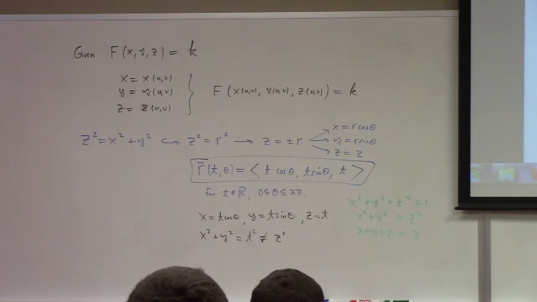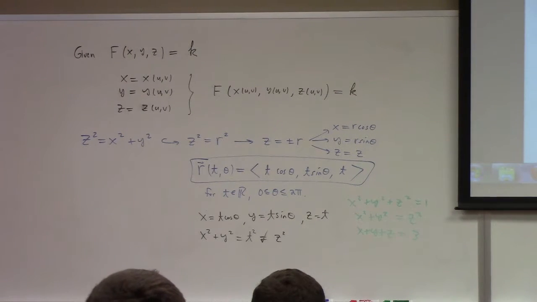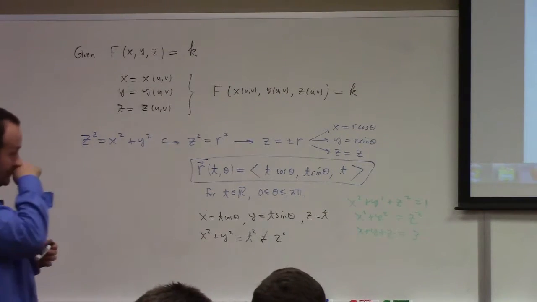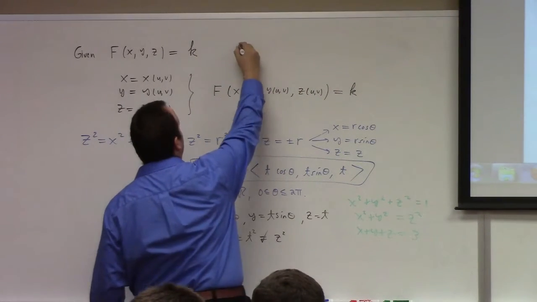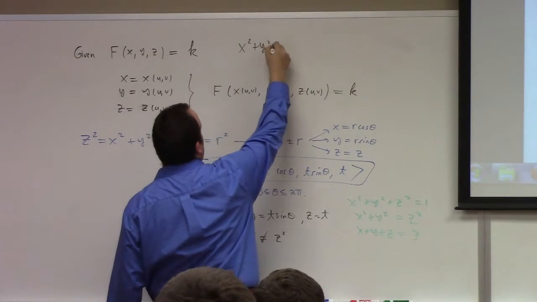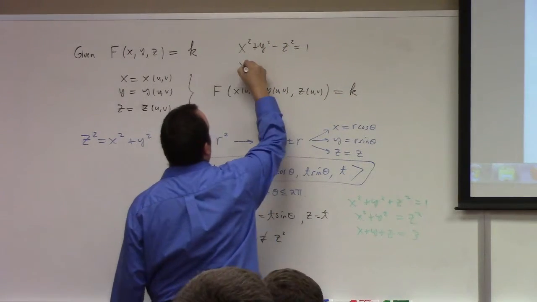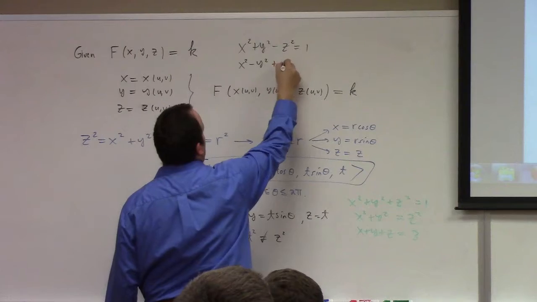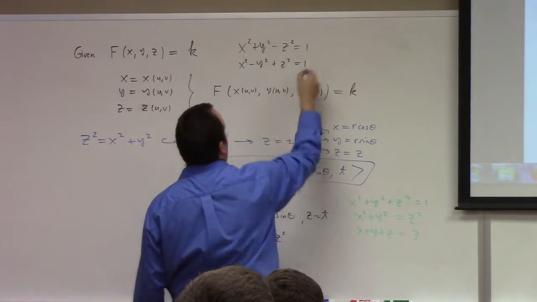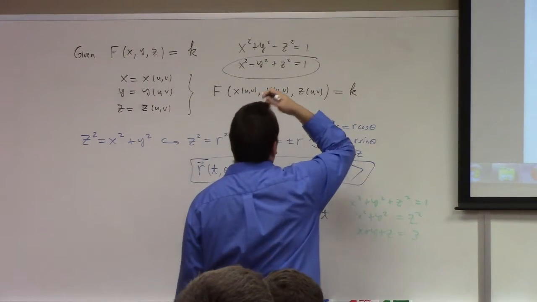Yeah. You did a parameterization example with a hyperboloid where it was x squared plus y squared minus z squared equals 1. But what if it was x squared minus y squared plus z squared equals 1? We were trying to figure that out. This one? Yeah, we were a little lost. Sure.